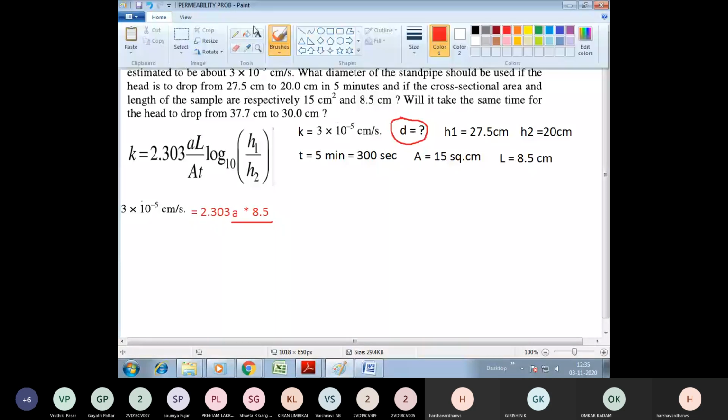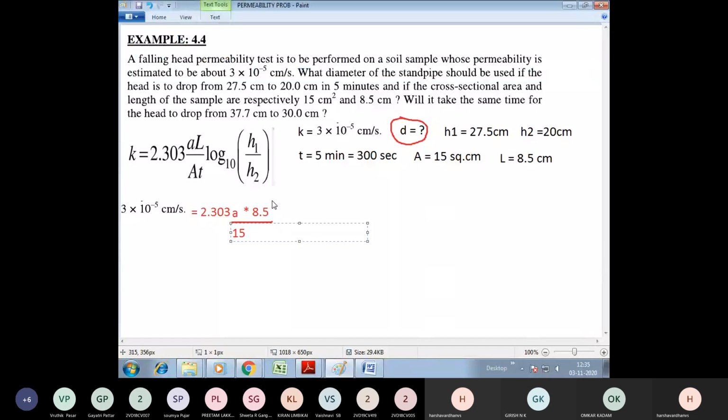Capital A is 15, it is given directly this time. And T is 300 seconds. We are substituting it in seconds because the coefficient of permeability is given in terms of seconds.